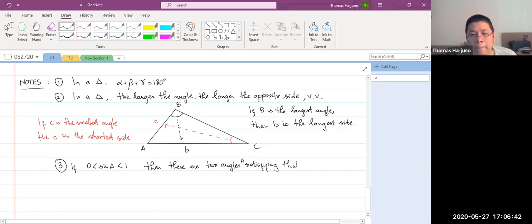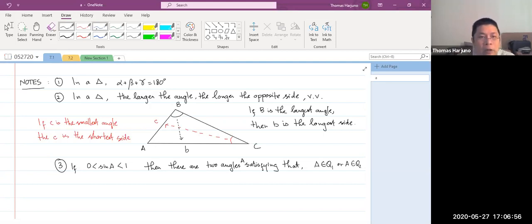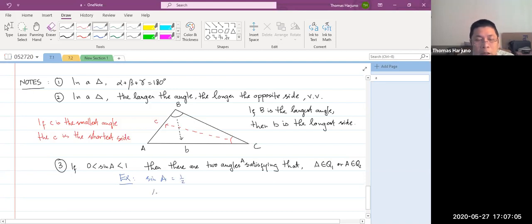Either A is in quadrant 1 or A is in quadrant 2. For a little example, suppose I say that sine A equals 1/2. Then either A is 30 degrees, that's in quadrant 1, or A is 150 degrees, which is in quadrant 2.